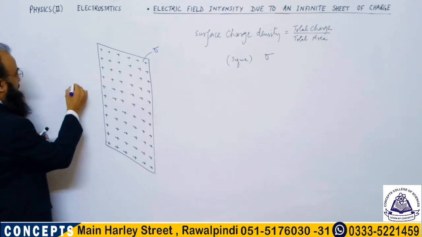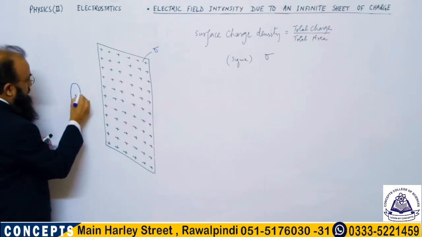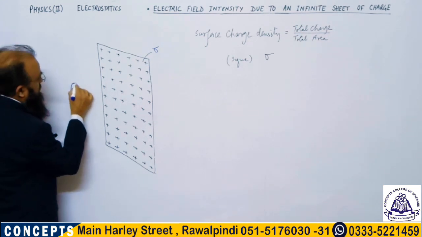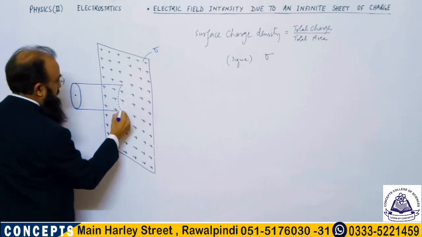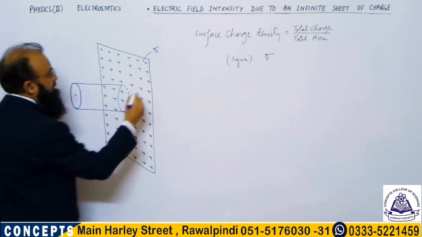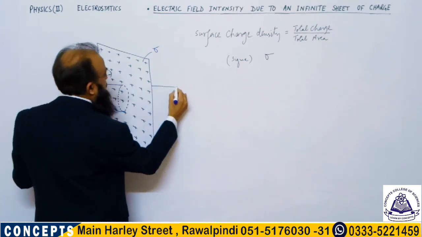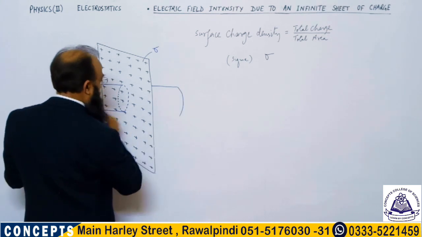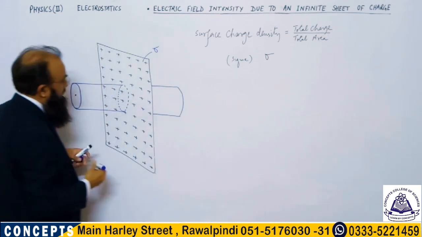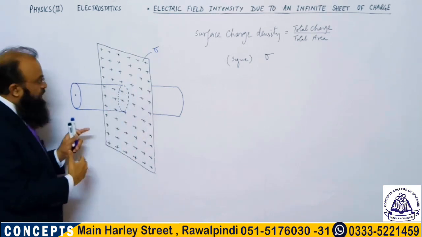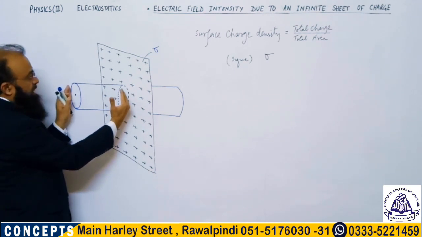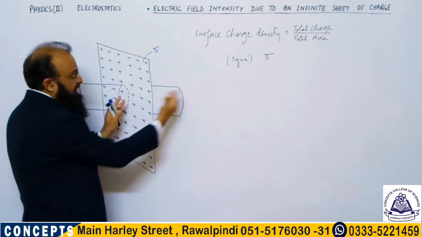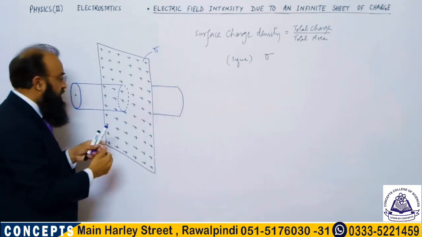Let's suppose this is the cylinder which is piercing through the sheet, passing through it in such a way that the part of the cylinder on the left side and an equal part on the right side of this sheet.